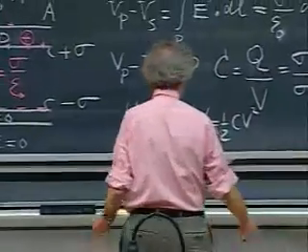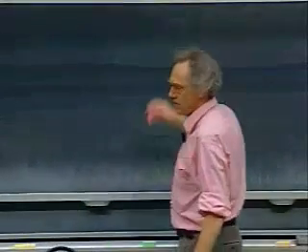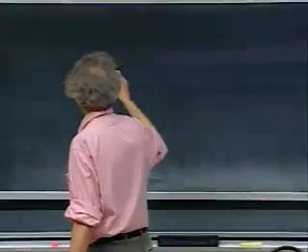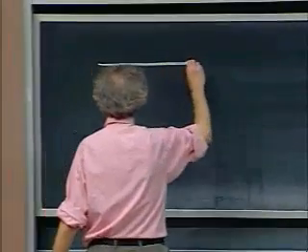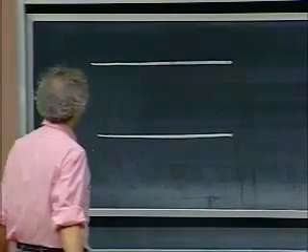All right. Next subject. Again, let me come with two plates, because I want to start talking about dielectrics. And I want to massage this idea of capacitance a little further.